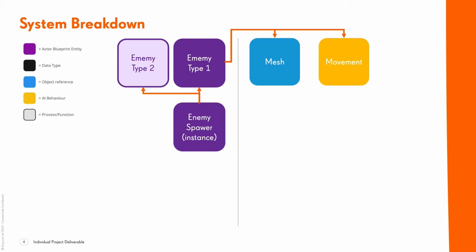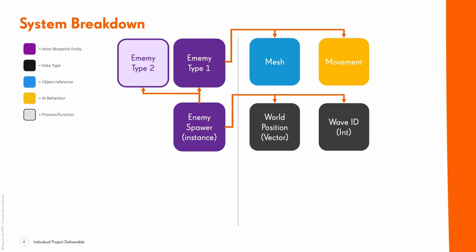Then we have the enemy spawner actor blueprint, which is essentially an instance that can be duplicated across the level and contains a drop-down selector for enemy type 1 and 2. The enemy spawner instances also have a world position, which is a vector, and a wave ID integer attached to it.